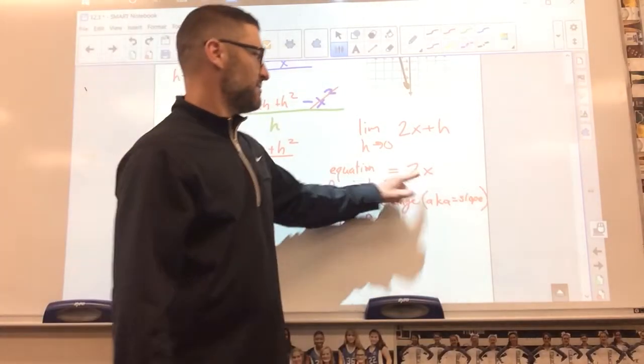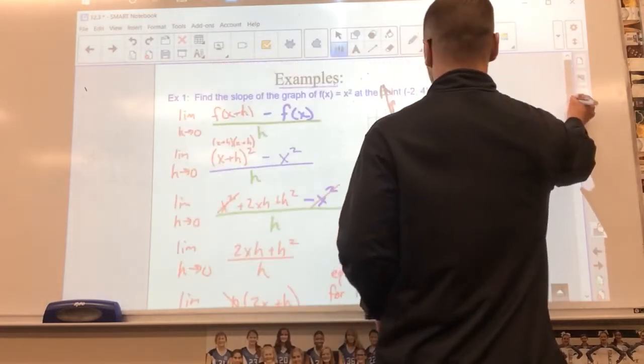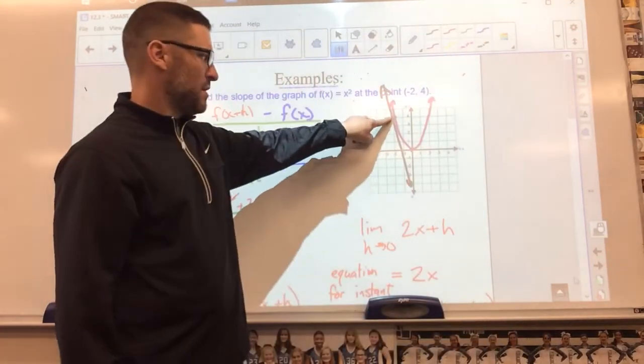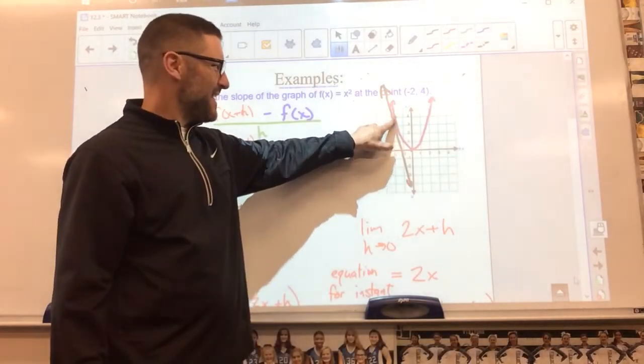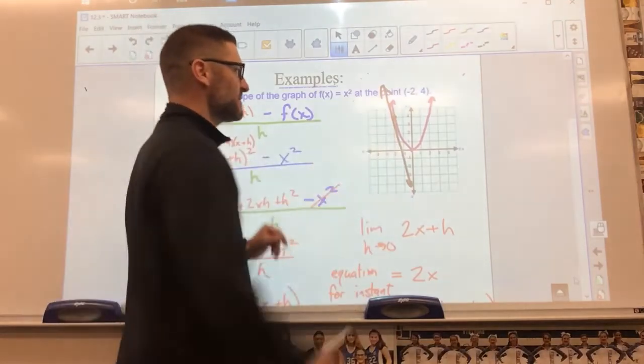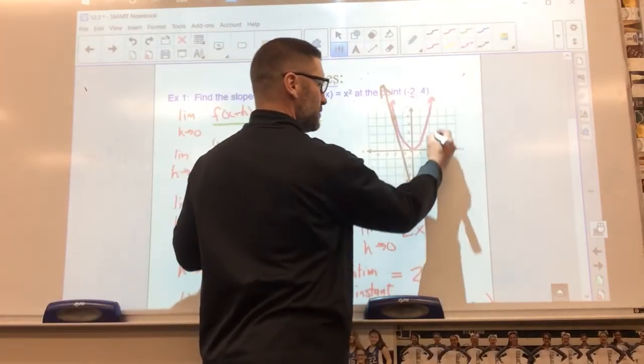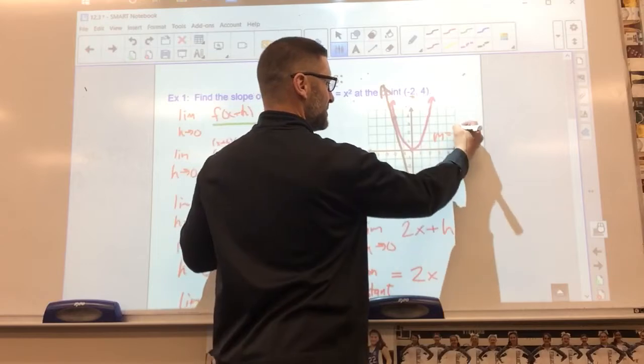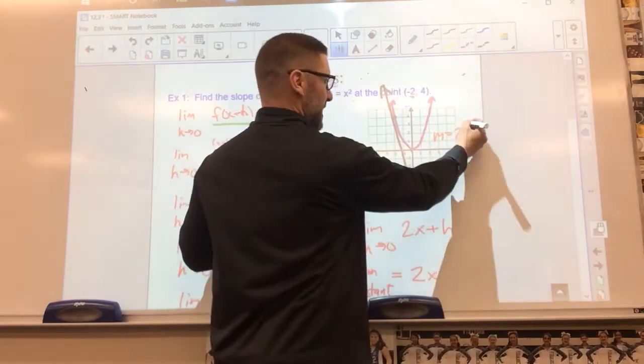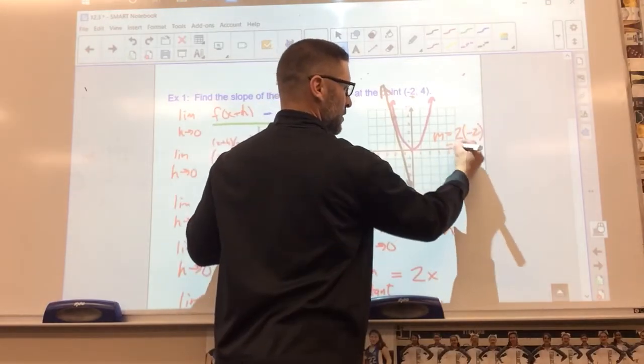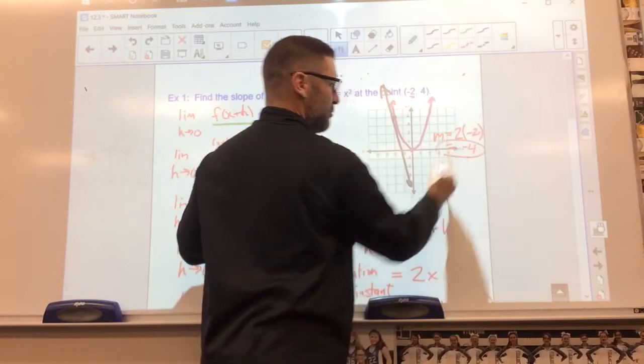So this 2x means I can go up here to this point, and what it's telling me is at that point the slope is 2x. Well, my x value is negative 2, so my slope is 2 times the x value, which is negative 2, or my slope is negative 4 at that point.